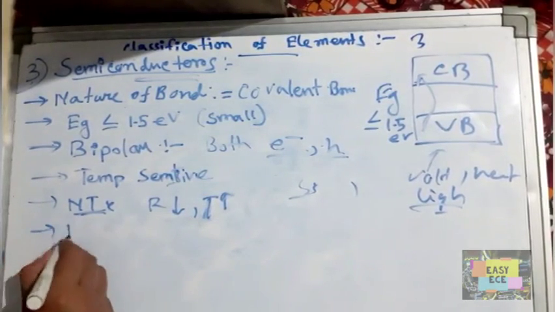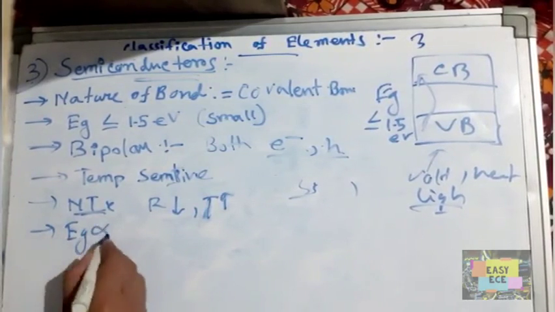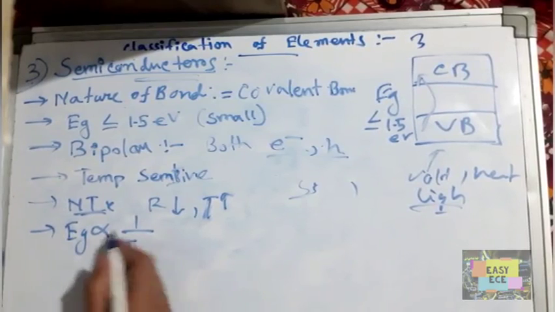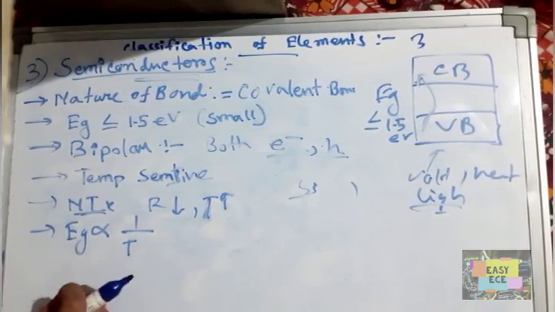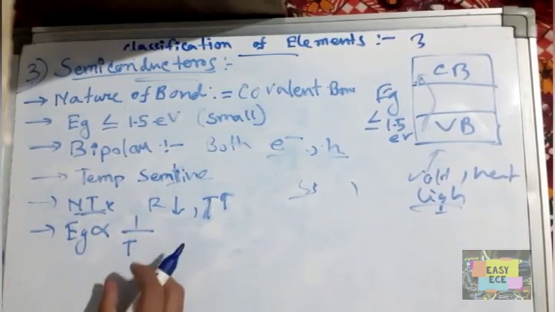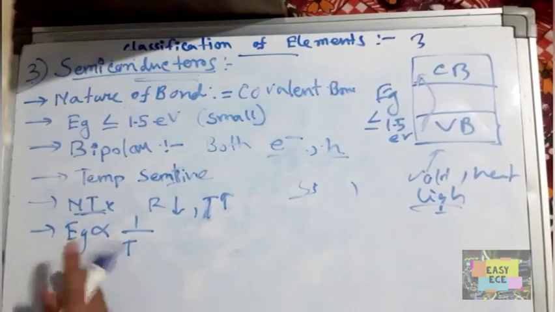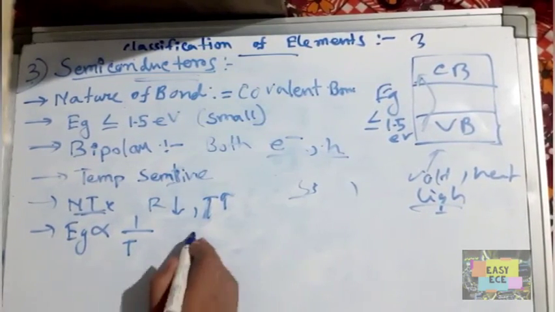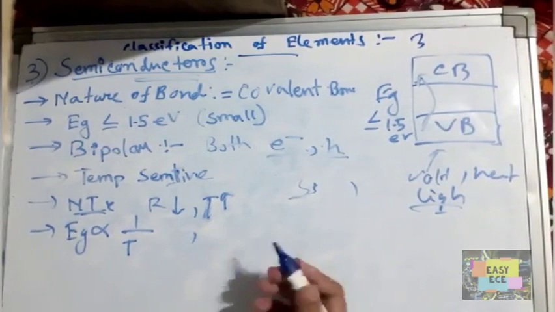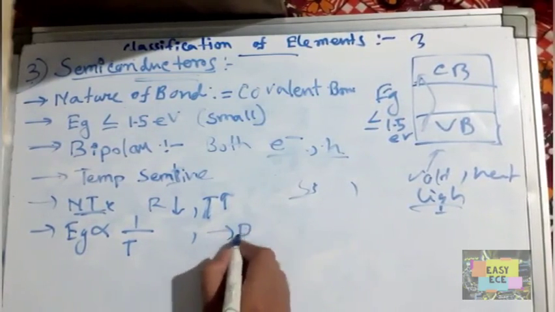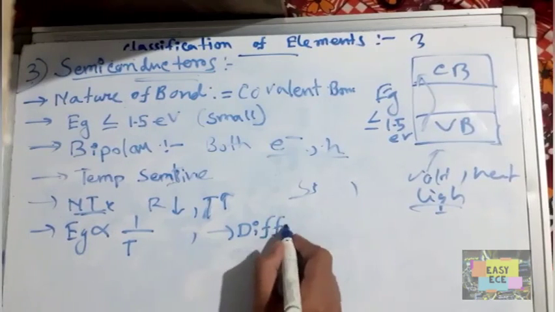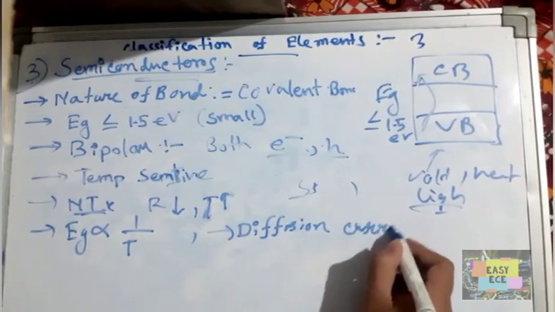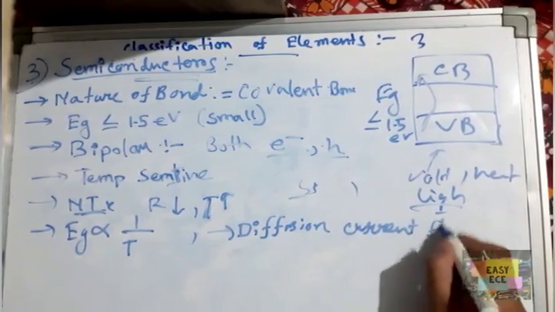Another point is that the energy gap is inversely proportional to temperature: if temperature increases, the energy gap decreases, and if temperature decreases, the energy gap increases. In metals there is drift current, but here it is diffusion current that flows.